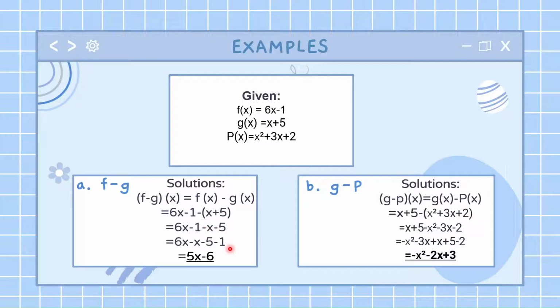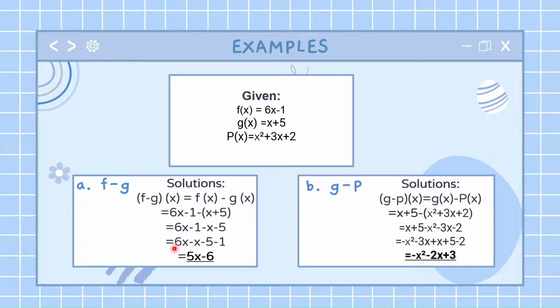Now, what we need to do after this is rearrange just as we did in getting the sum of the functions so that we will have an easier time simplifying it. So let's put negative x with 6x and negative 1 with negative 5.